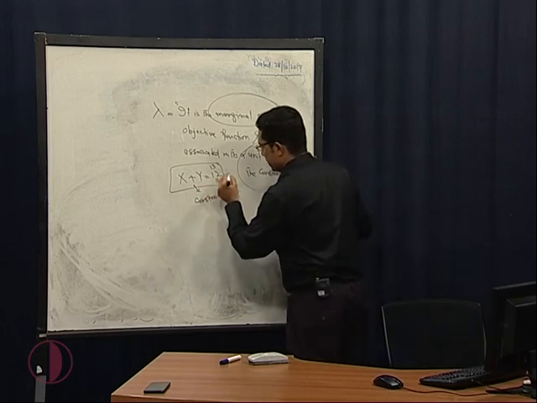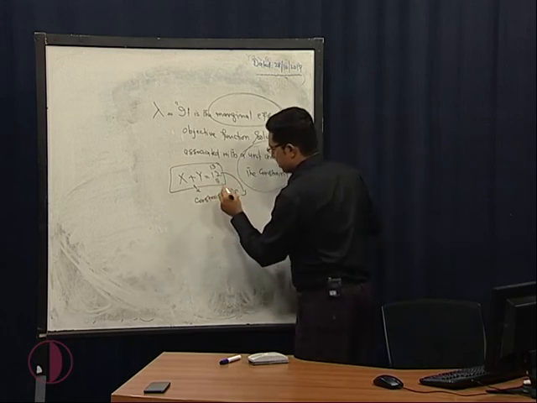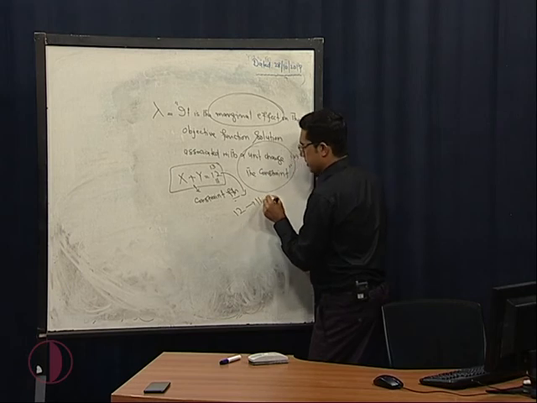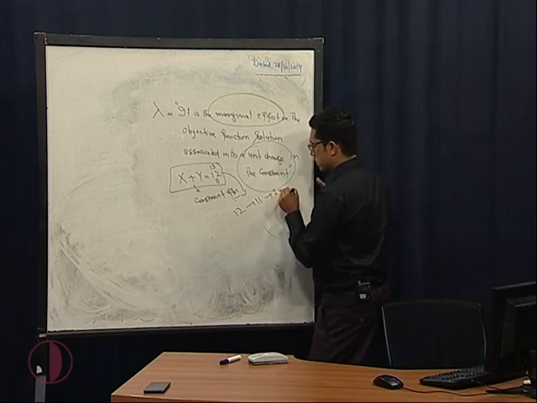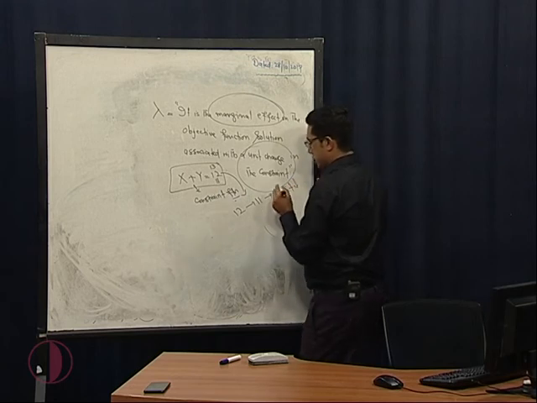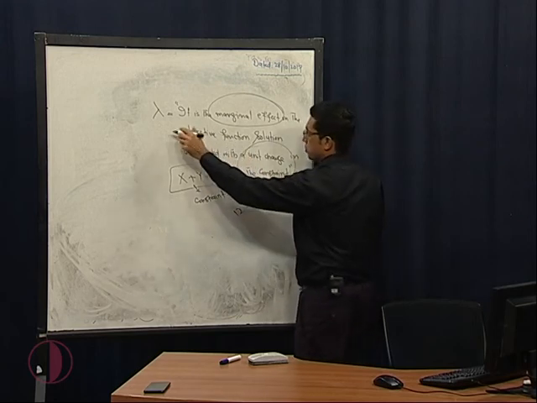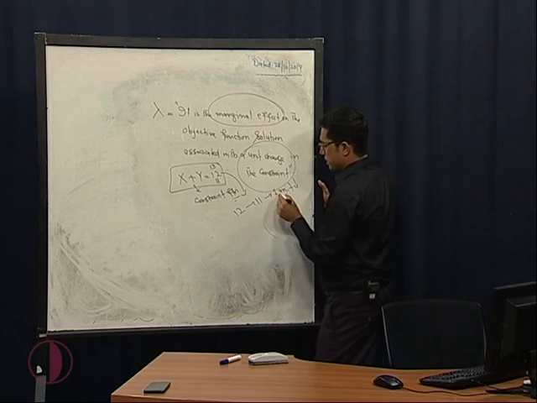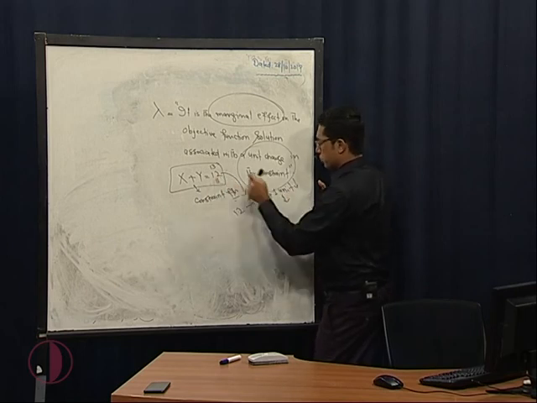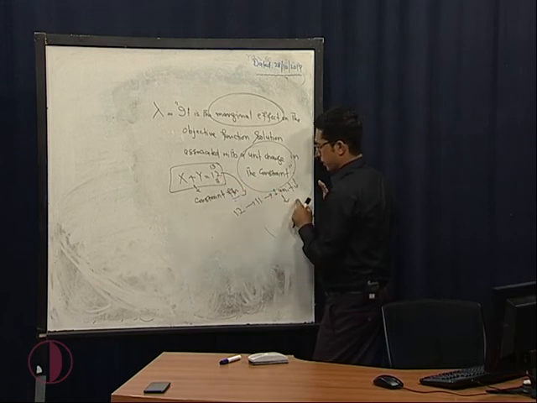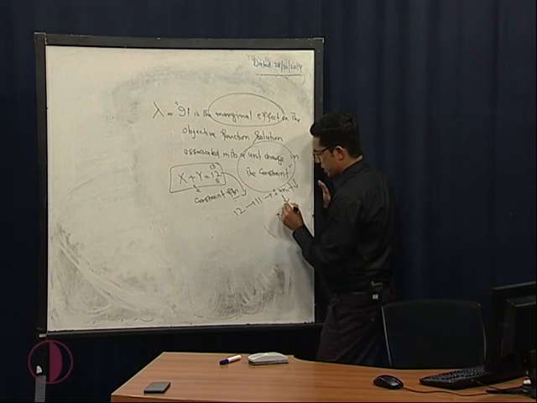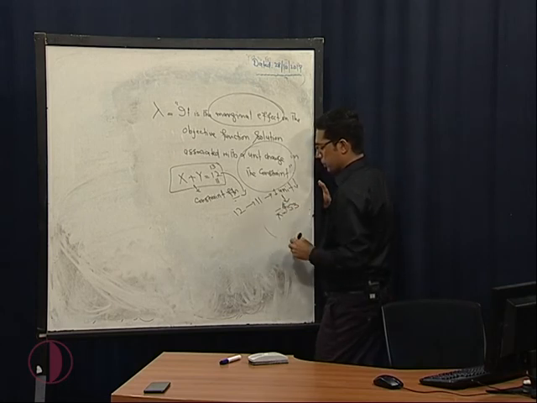It means that changing the output capacity from 12 to 11, a 1 unit decrease, according to the value of lambda, profit will change by $53 with a negative sign, a decrease.